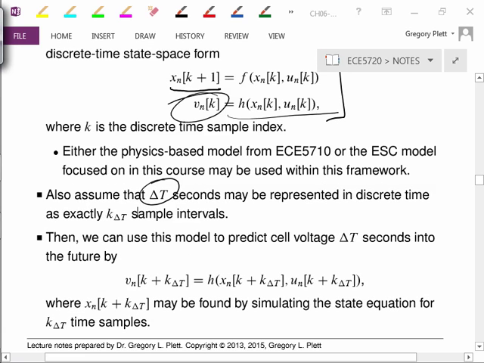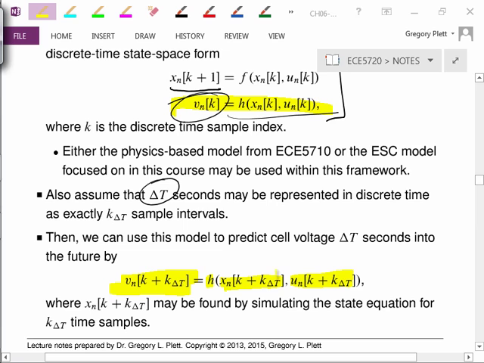Then we can use the model to predict the cell voltage delta t seconds in the future by taking the output equation and saying that the output k delta t samples in the future is equal to h with the state that many samples in the future and the input at that point in time also.